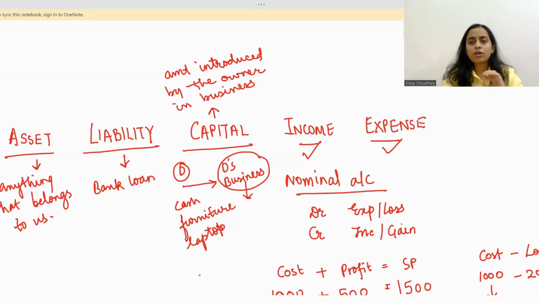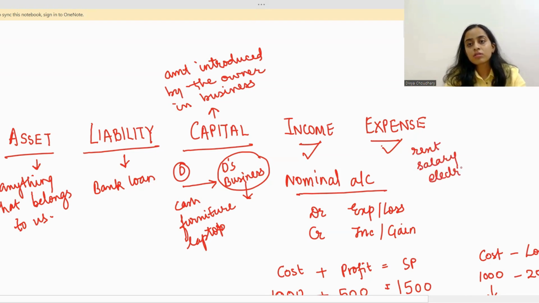Income is your revenue, the goods or services we sell to earn money, which is what our business does. And expense, lastly, is your spending, anything that you're spending to generate that income. For example, rent, salary, electricity, these are your expenses.